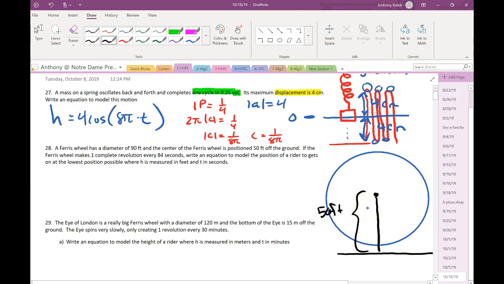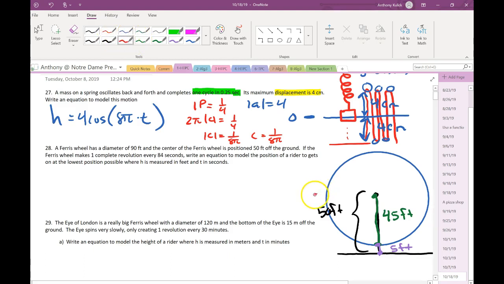Everybody good with that? How far is this distance here? 45, because it's half the diameter, which means that this little spot here has got to be 5 feet. Everybody agree with that picture we've drawn here? Okay?